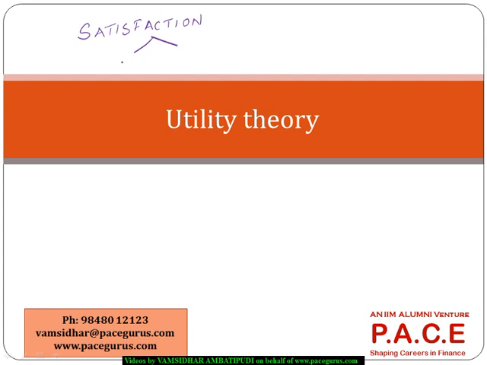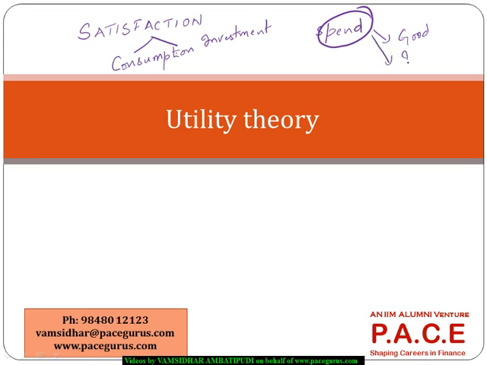You can think of whether it is a consumption related or a purchase related decision, or an investment related decision, any kind of situation where you are trying to spend. You would like to spend on that particular good or that particular investment which is going to enhance your utility, which is going to give you a bigger satisfaction compared to the other.